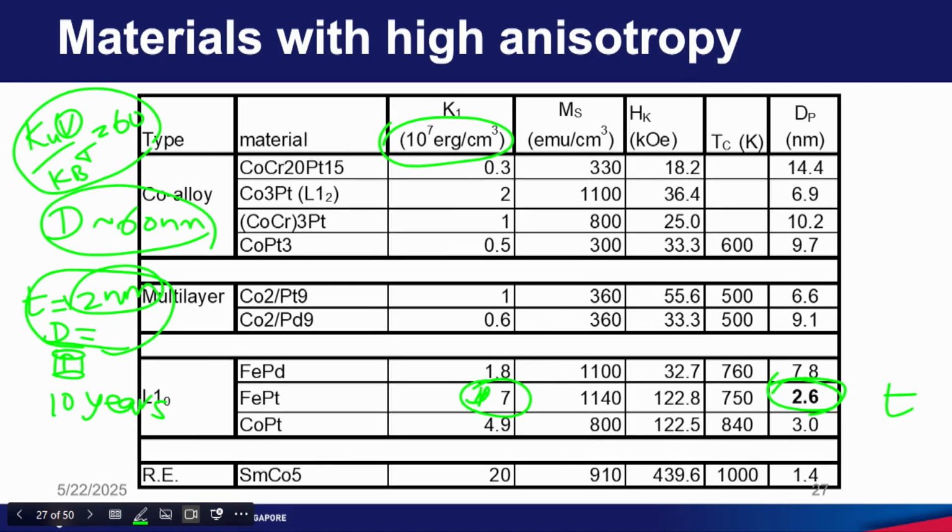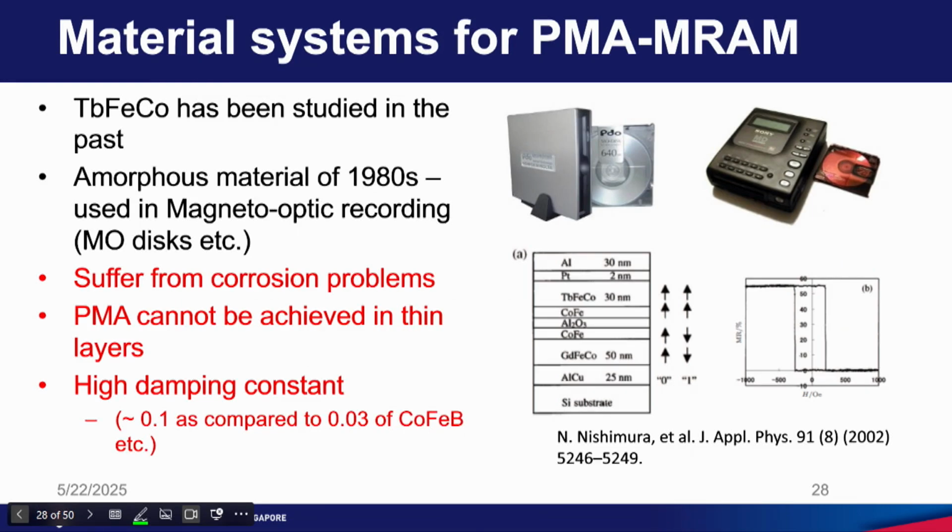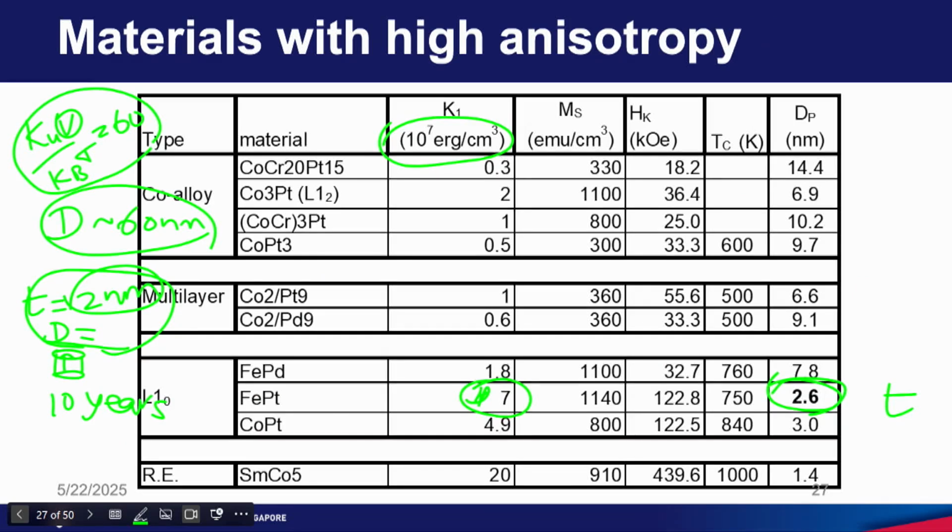Okay, so with this idea, people have started looking at perpendicular MRAM for many years. So if you look at this paper, for example, this paper was published in 2002.